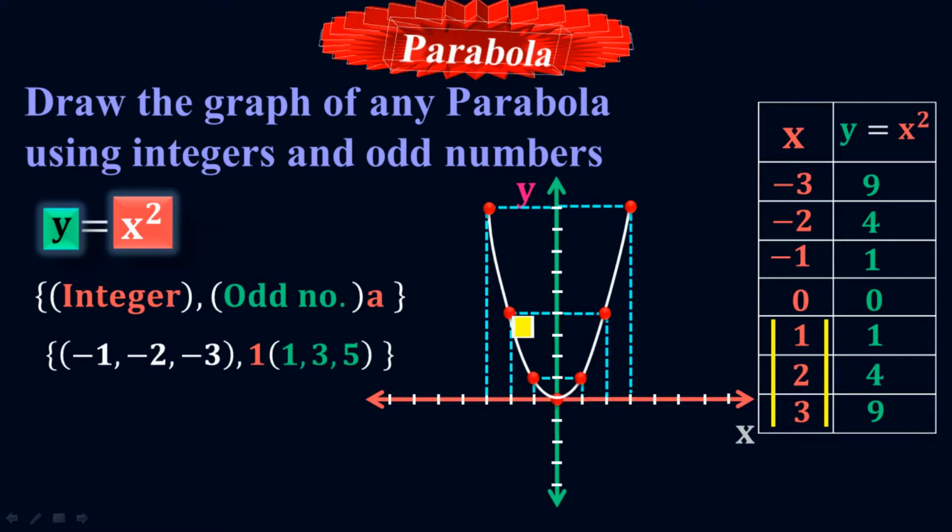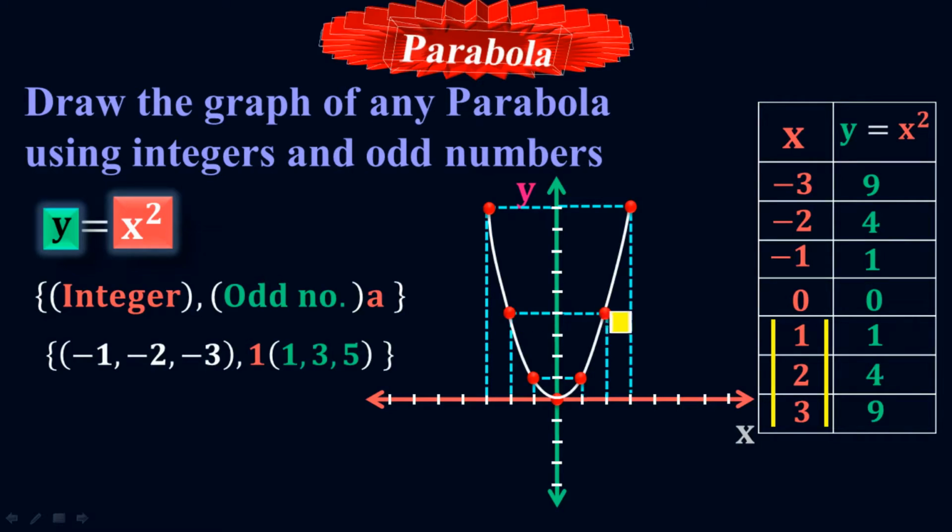Similarly, when you have this point on the negative side, like when I substitute negative 2, I'm gonna get positive 4. You must have the same point on the other side as well, positive 4, because look, by putting x equals 2, you also have positive 4. So I have positive 4 here and positive 4 here.